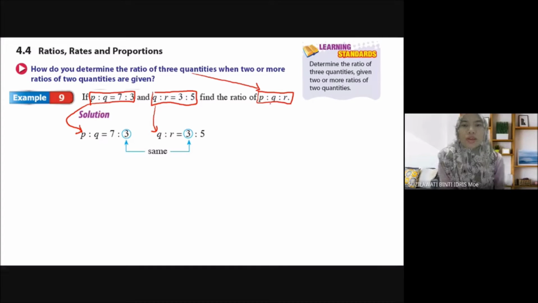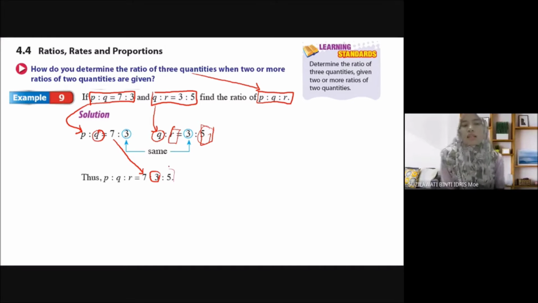So we can write P to Q to R equals 7, which is this one, then since the Q value is the same, which is 3, we just write down 3. Next to 5, this one is R. R is 5. That is how we get this answer.